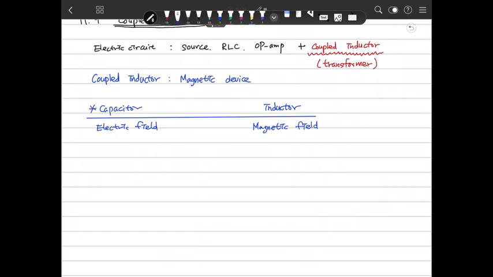The structure of a capacitor is very simple. It is a plate, and there is another plate. It's a conductor. And there are some plus charges stored here.